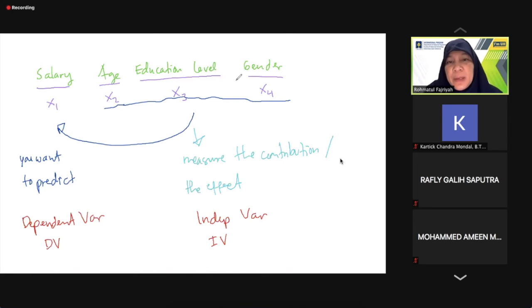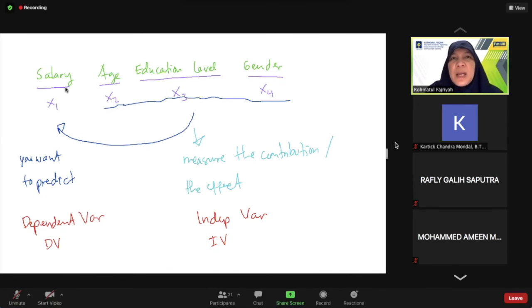But scientifically, gender could not be defined by education level, age, and salary. So this is something wrong. That's why identifying which one is the independent or dependent variable is very, very important. You shouldn't predict something which is against nature or against science.